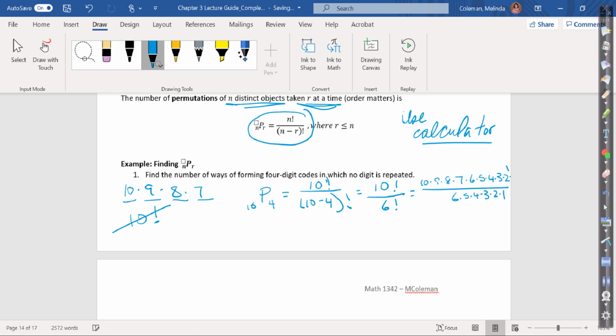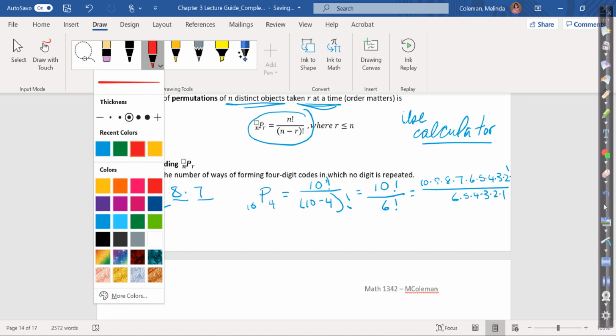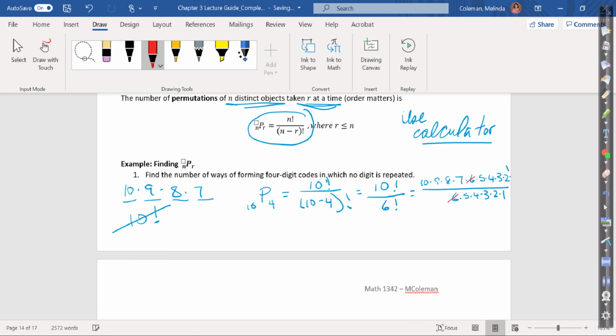Because we're dividing, we know that the 6 cancels, the 5s cancel, the 4s cancel, the 3s, the 2s, and the 1s cancel. What do I end up with? Exactly the same thing: 10 times 9 times 8 times 7, which is equal to 5,040 in this case.